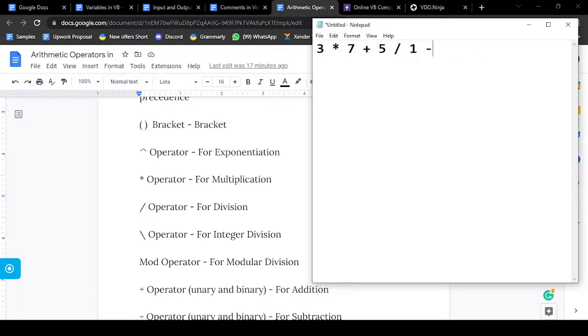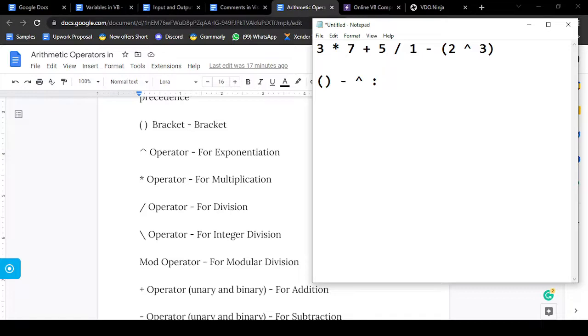Let me say minus open bracket 2 caret 3. I want to keep it basic. So if I want to solve this particular problem now, I'm going to be starting from the bracket, don't forget. So the bracket now, I'm solving the caret.